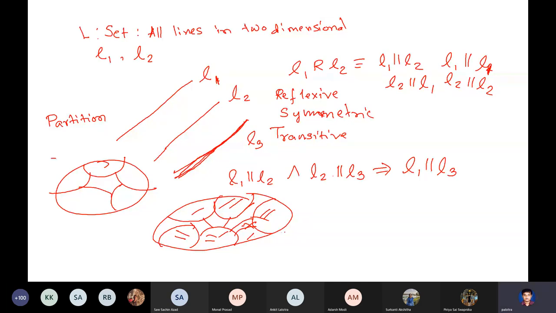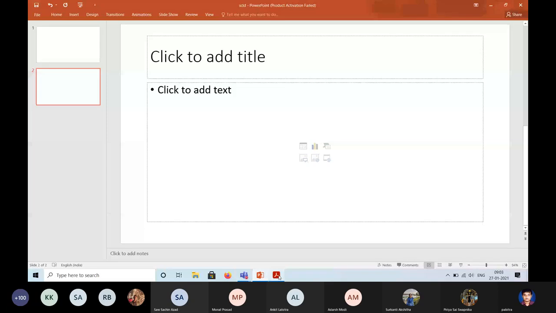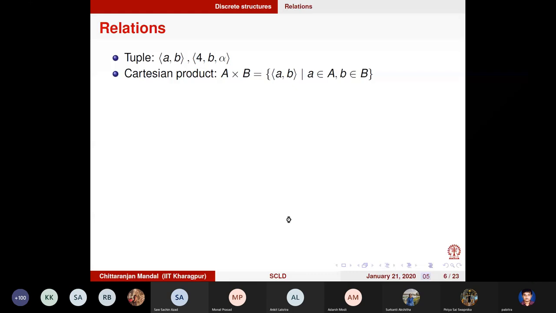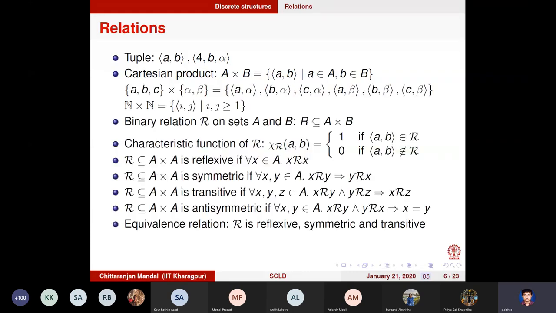So this is another example. There are many more examples of equivalence relation. Those who have studied discrete structures might have studied equivalence relations in great detail, but we are not really interested directly in equivalence relations here.